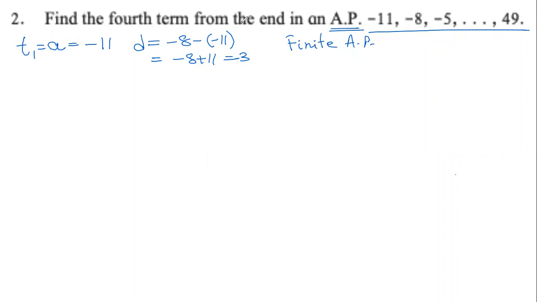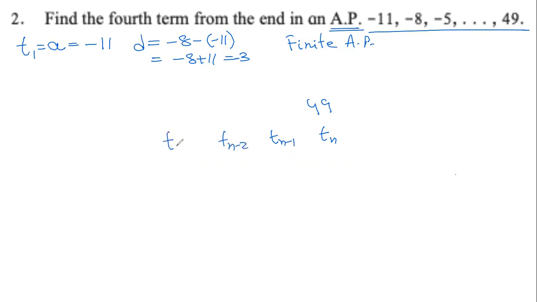Find the fourth term from the end. So 49 is the last term. Suppose if we write the AP from the end, this is 49 and we will call it Tn, the last term. Then the term before that will be Tn minus 1. The term before that will be Tn minus 2.